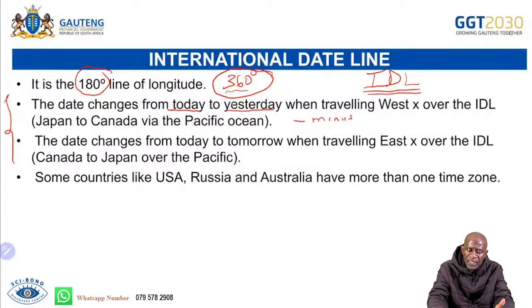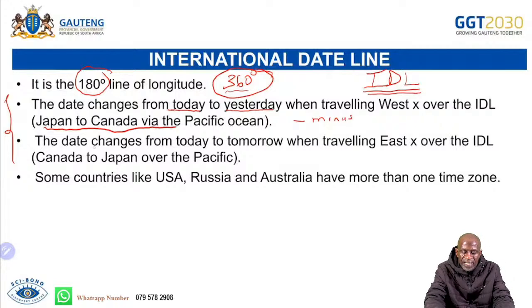The date will change from today to yesterday. This particularly happens over Japan to Canada via the Pacific Ocean. So you'll refer to this from the map. As we assess bullet number 3, the date changes from today to tomorrow when traveling east over.